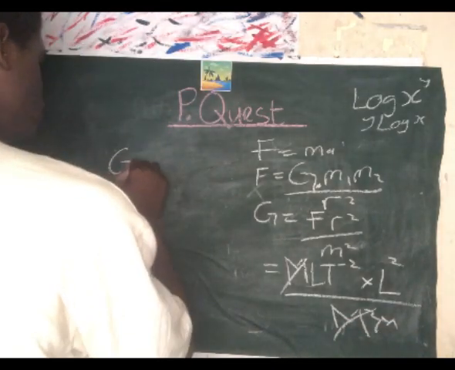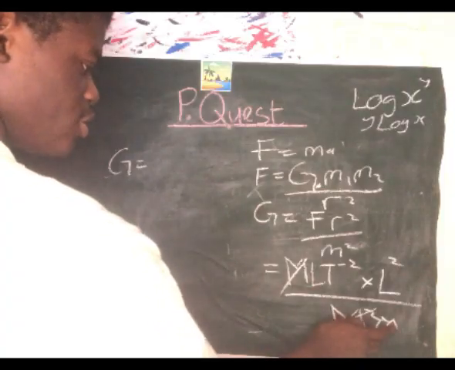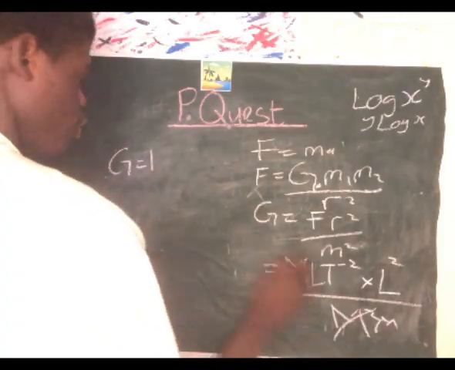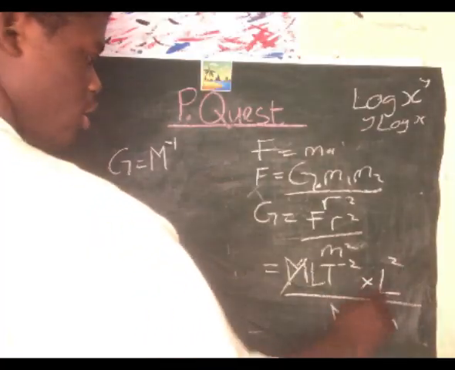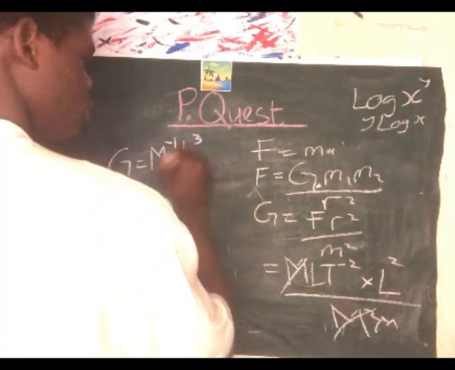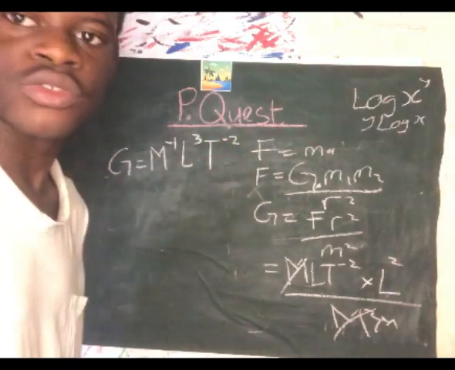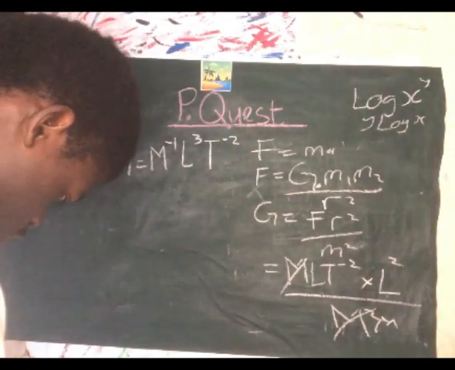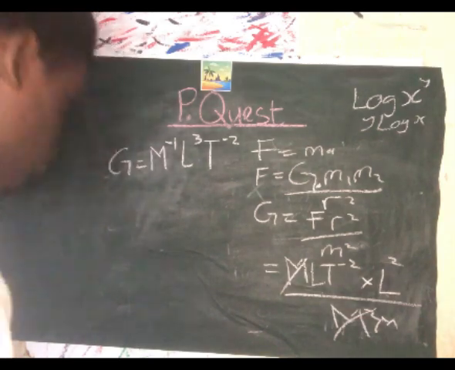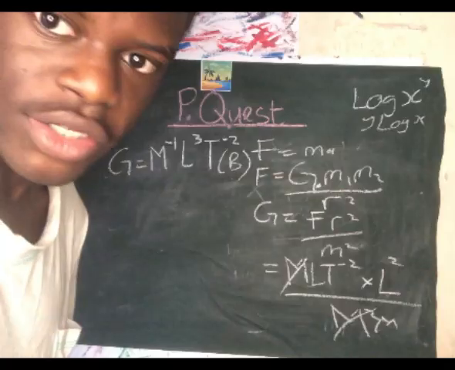So the dimension for G will be, you bring this one up, that will be M raised to power minus 1, L raised to power 3, and T raised to power minus 2. So if you check the options, the correct option there is option B. That's the answer.